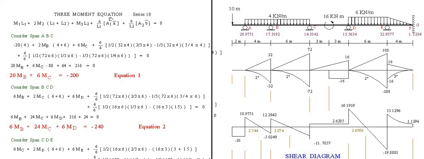Then this constant is constructed by this. This is the first one. Then area 1, the first area, the area of this, we will compute, then the corresponding centroid A1 is from the left.